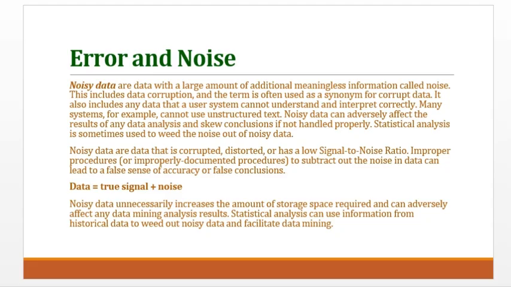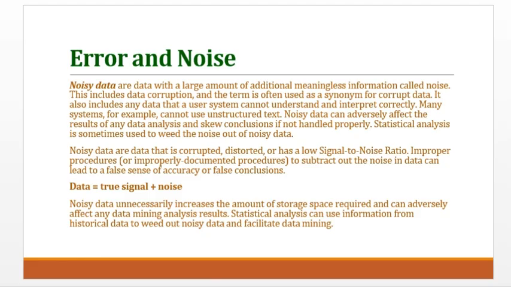Now noise refers to the random irrelevant data points in the data set that do not represent the true underlying patterns. This includes data corruption, and it can also mean any data that a system cannot understand and interpret correctly. Noise can lead to overfitting as a model tries to fit the noise instead of the actual signal.